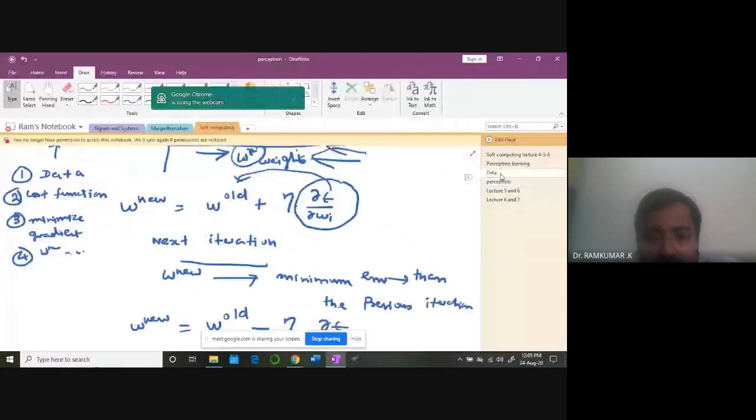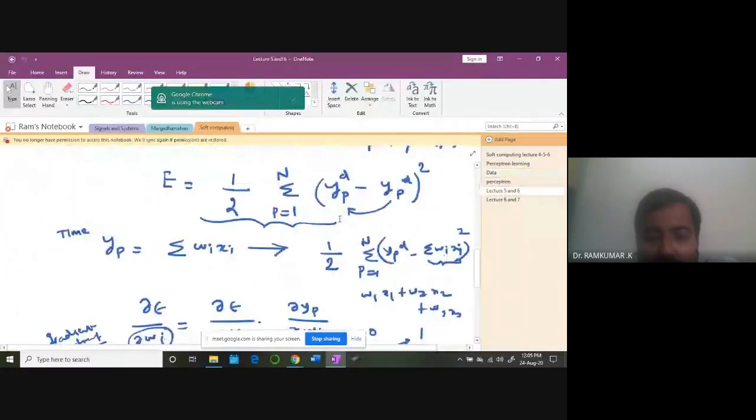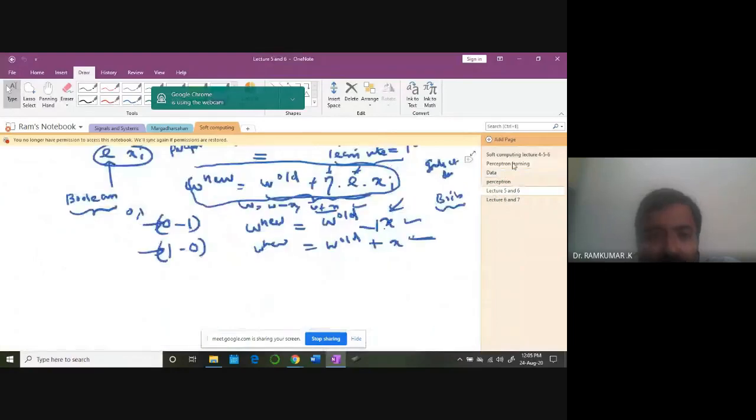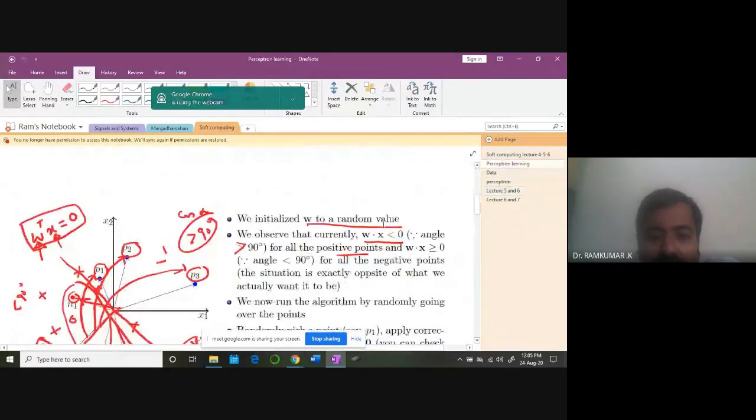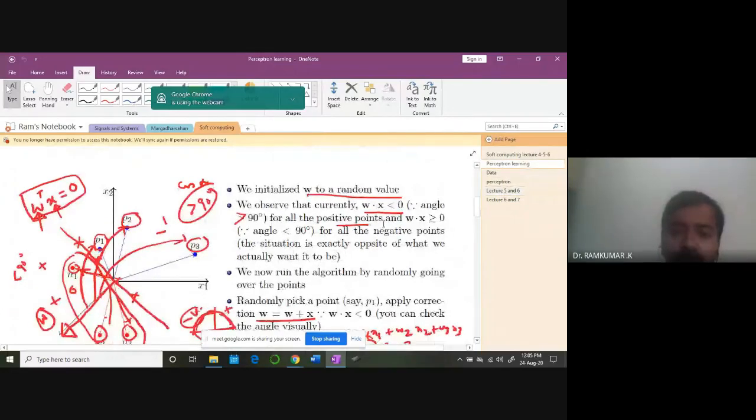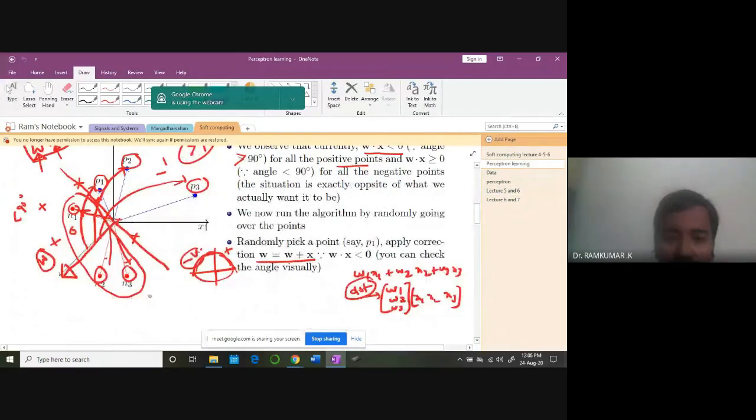Followed by that, I gave a brief outline about the perceptron learning. Okay, so we learned about this learning algorithm. W is equal to W plus X. So remember, for the misclassified version, W is equal to W plus X, and W is equal to W minus X. This can be written as W is equal to W plus EX, where E is the error. In the case of perceptron, the error can be either positive or negative, +1 or -1.